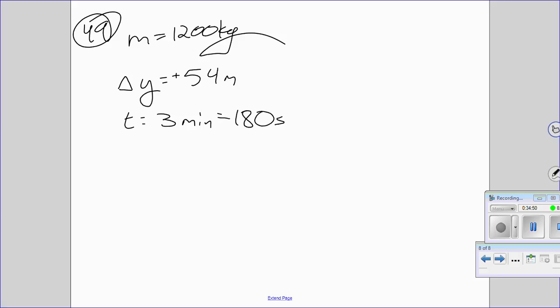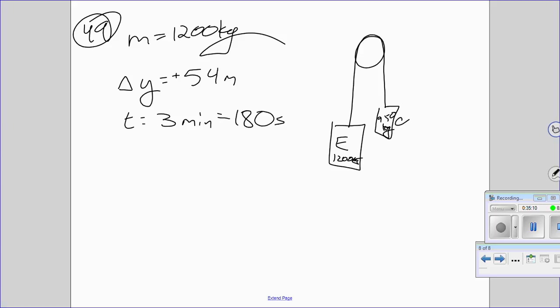What do you think that means? Yeah, there's a pulley in there somehow, right? So you've got your elevator, 1,200 kilograms, and the counterweight, 950 kilograms. So there's our counterweight, right?